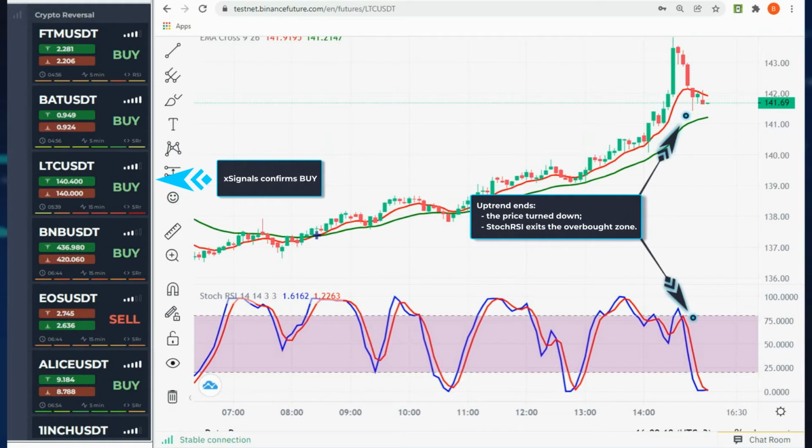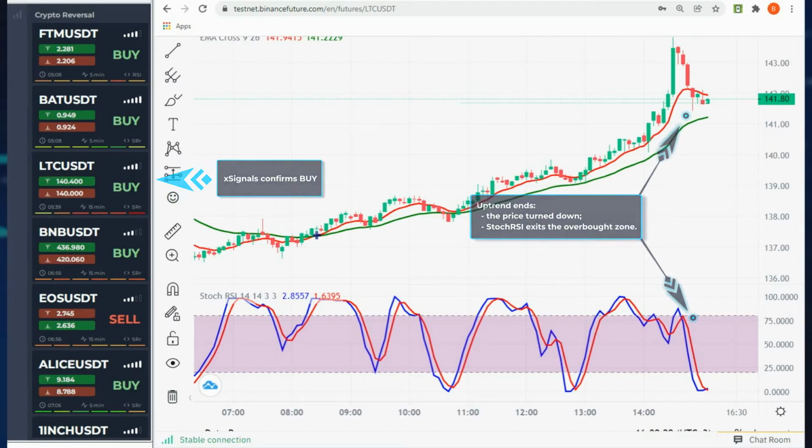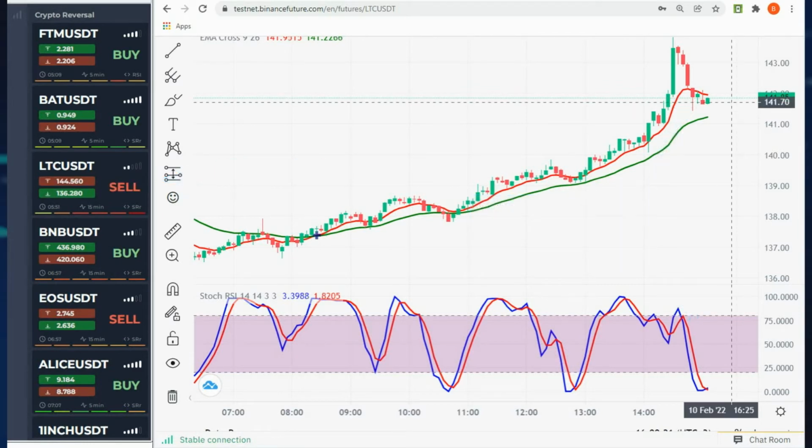Price reversal down. There is no breakdown of all moving averages yet, but the reversal dynamics shows the beginning of a downtrend. There is a sell confirmation from the oscillator and xSignals.